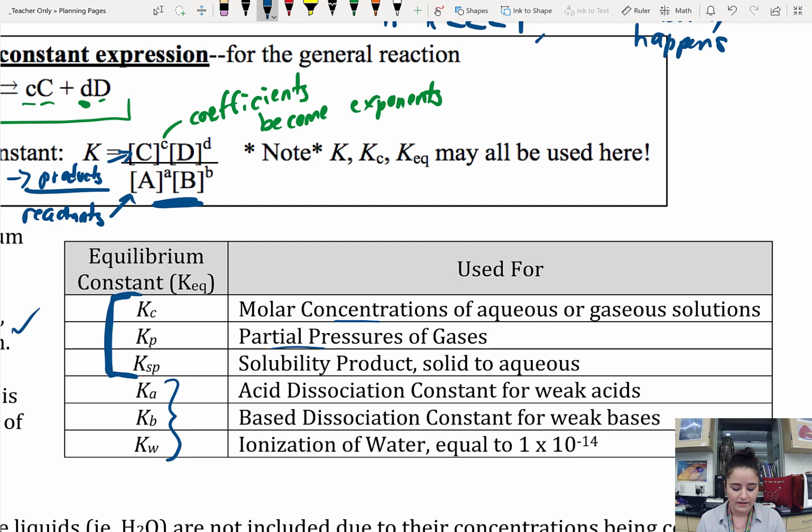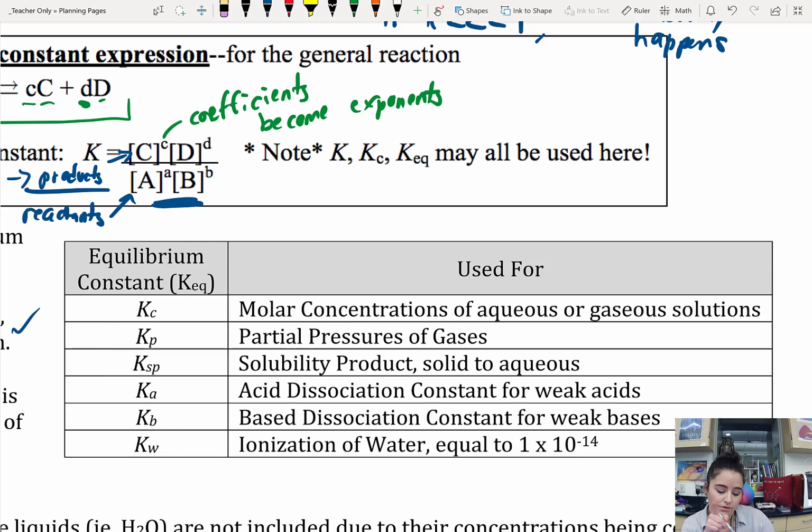Where this chunk, the acid, base, and water dissociation constants, those are equilibrium expressions for those. We will hit those really strongly in our next unit, which is dedicated to acids and bases. And note, though these are all different subscripts, they're all different versions of Keq for the equilibrium constant, or sometimes you'll see it as just K. So it's all going to be pretty similar.